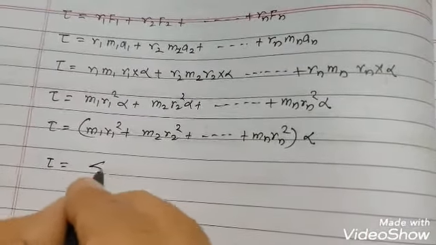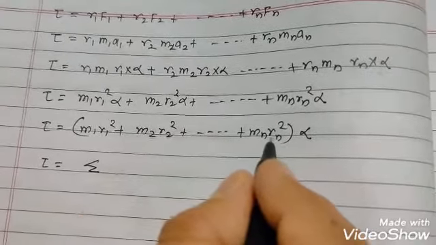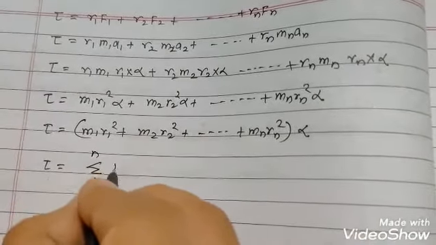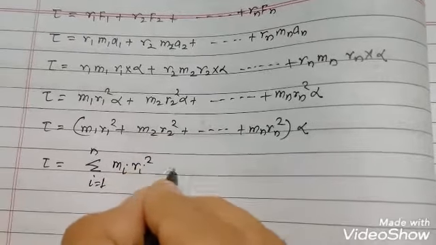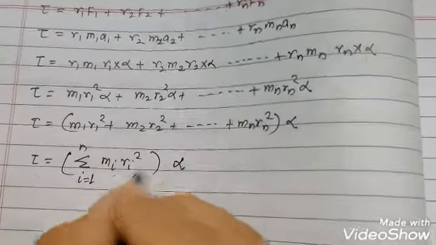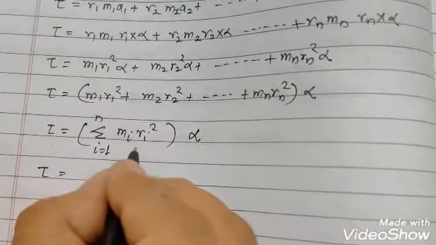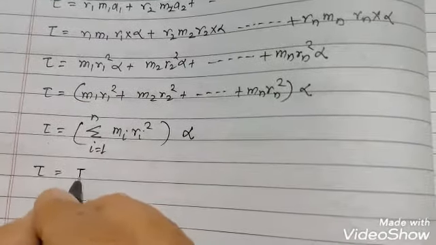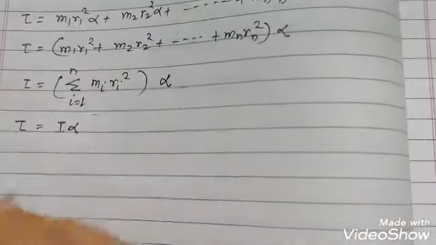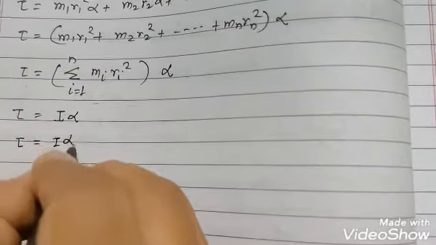This can be written as the summation, i equal to 1 to n, of mi ri square, multiplied by alpha. And this quantity is actually the moment of inertia I. So what we found now is tau is equal to I alpha.